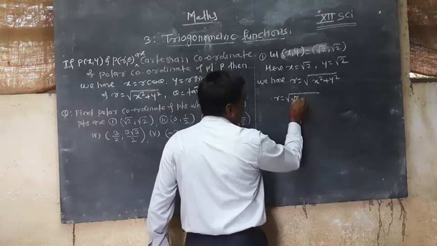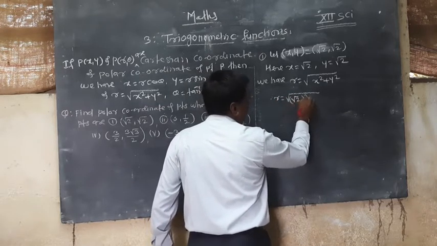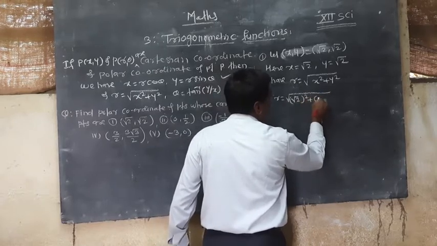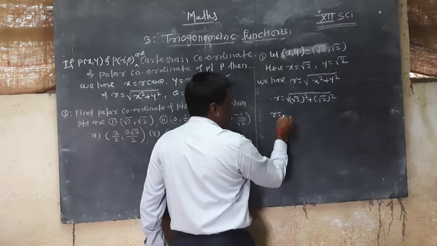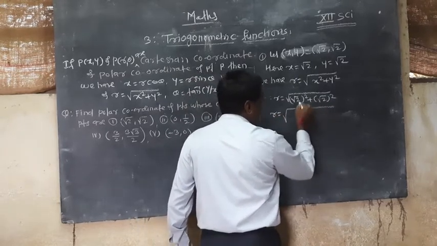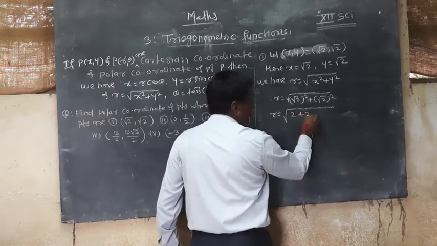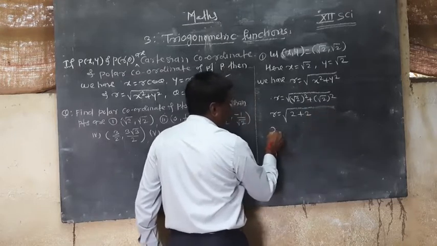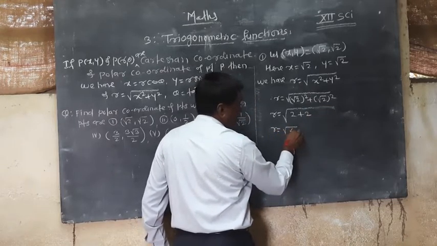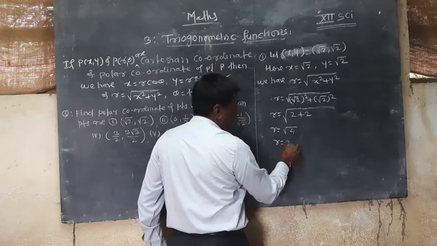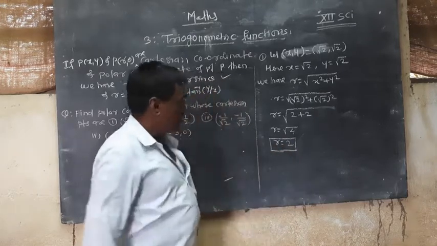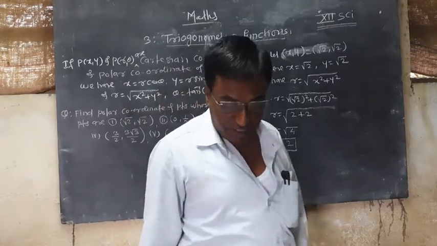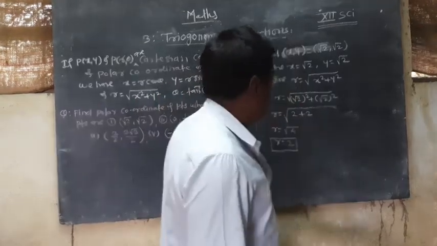That is under root of root 2 square plus root 2 square. Now simplify this. Root 2 square is 2, and again root 2 square is 2, so r is equal to root 4, and root 4 is plus or minus 2, but we will take only positive 2 because r is the radius, and radius is a length, and that's why it is always positive.